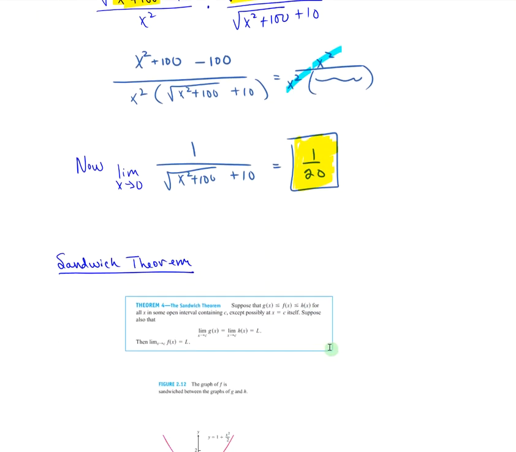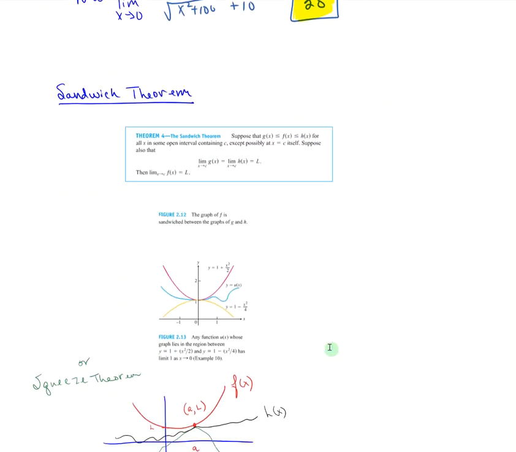The sandwich theorem is something that we need to look at. If we look at this picture, this says, suppose that f of x falls between g of x and h of x, and that's valid for all x's in some interval containing c, except possibly at x equals c itself.